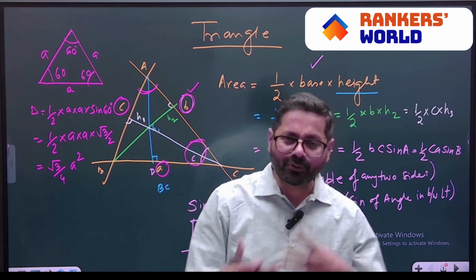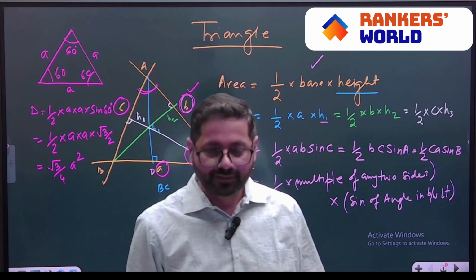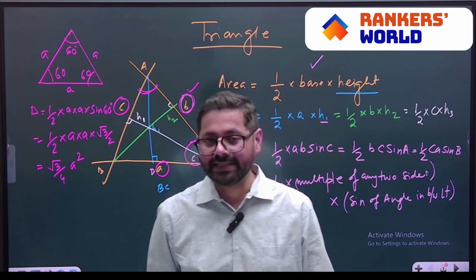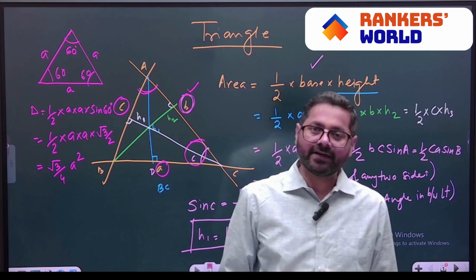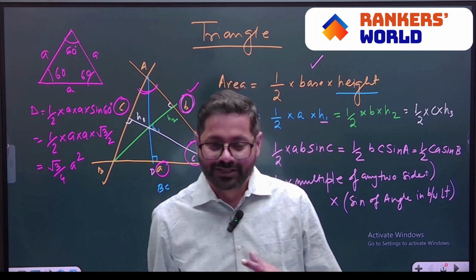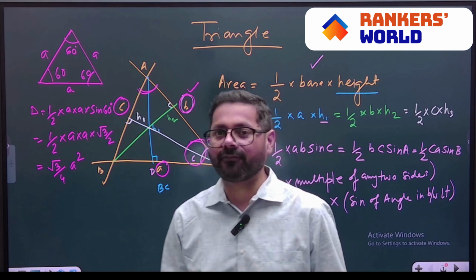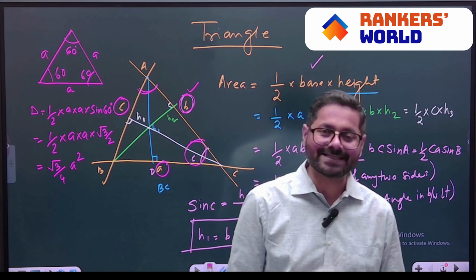So we used to memorize the area formula for the equilateral triangle. My simple take is, if it is given the angle between two sides is 60 degrees and the sides are equal, it is going to be half of A into A of sine 60 degrees.